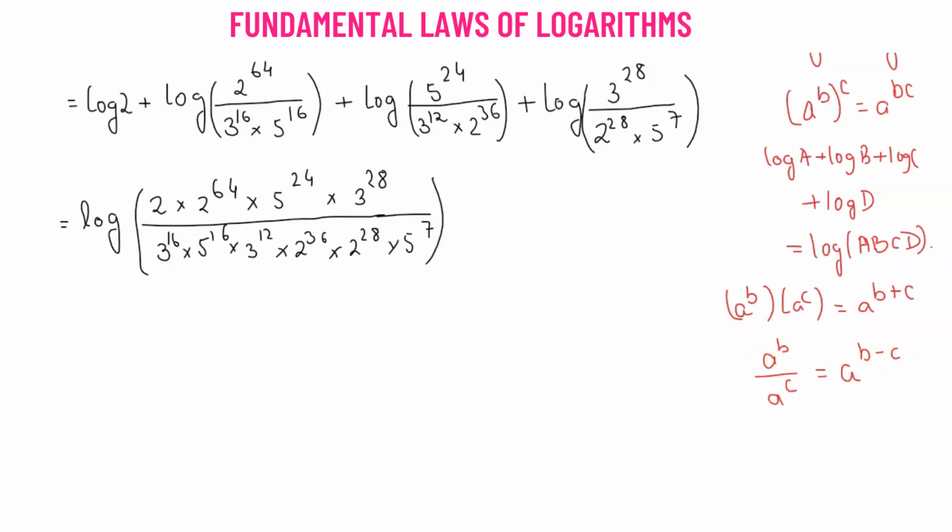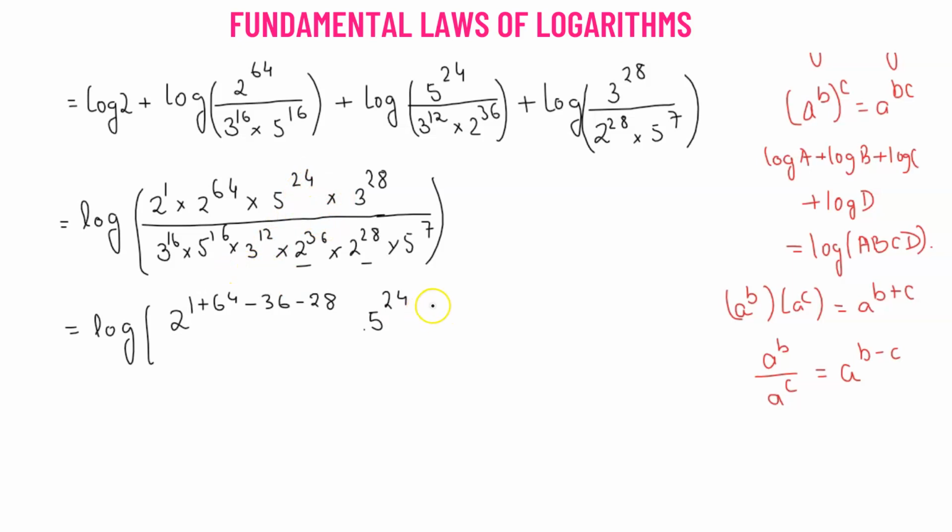Fine. So we will use this property to get log of, so we'll start with 2. Here the exponent of 2 is 1, so we have 1 plus 64. Then in the denominator we have 36 and 28, so that will be subtracted, so negative 36 minus 28. This will be multiplied by 5, so we have 5 raised to the power of 24.